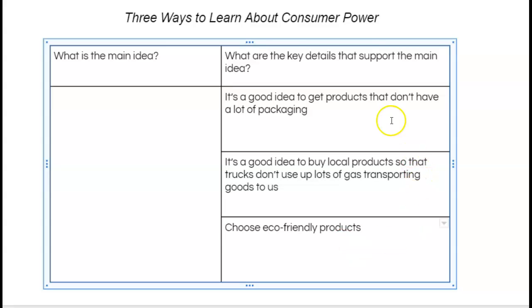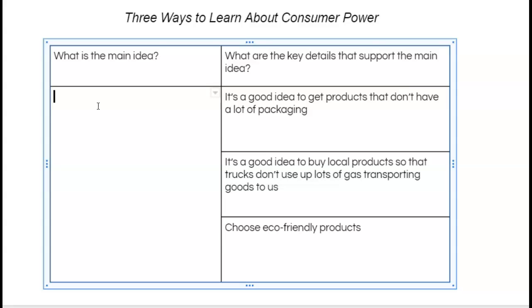Okay, let's take a look at these three key ideas that I picked out. One was, it's a good idea to get products that don't have lots of packaging. It's a good idea to buy local products so that trucks don't use up lots of gas transporting goods to us. And choose eco-friendly products.